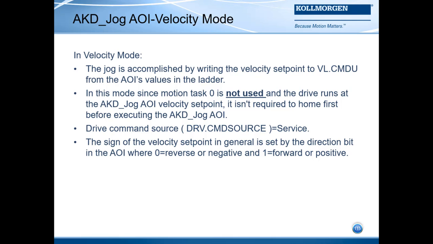The drive command source for the AKD jog add-on instruction in velocity mode must be service. The sign of the velocity set point in general is set by the direction value in the add-on instruction, where 0 is reverse or negative and 1 is forward or positive.